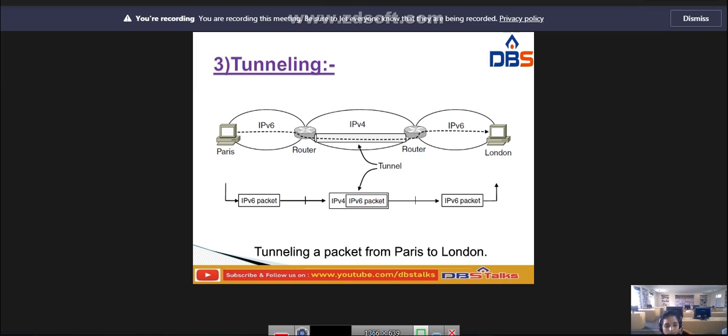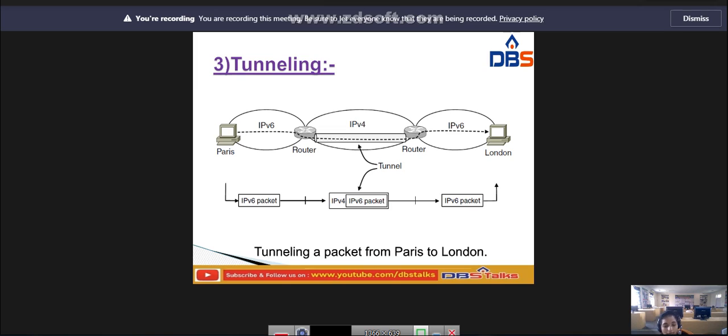When this router gets the IPv6 packet, it encapsulates the packet with an IPv4 header addressed to the IPv4 side of the multi-protocol router that connects to the London IPv6 network. That is, the router puts the IPv6 packet inside the IPv4 packet. When this wrapped packet arrives, the London router removes the original IPv6 packet and sends it onward to the destination host.